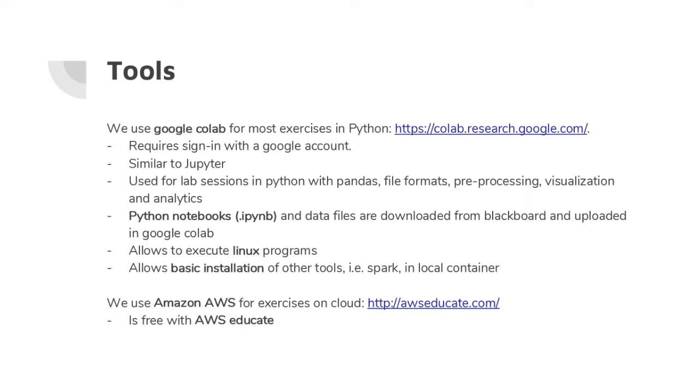And Google Colab uses notebook files. So these are IPython notebooks, with extension .ipynb. And you can download those files from Blackboard, and then you can upload them with Google Colab. So Stine in the lab session will give a small tutorial on Google Colab.